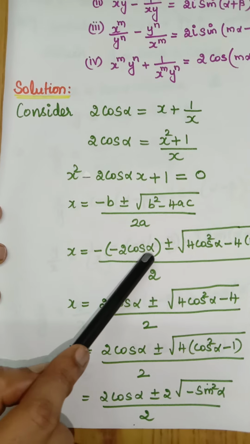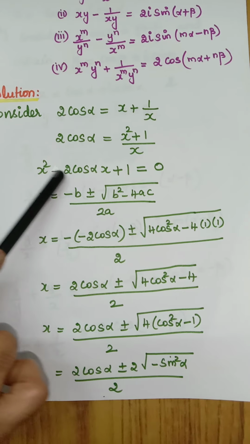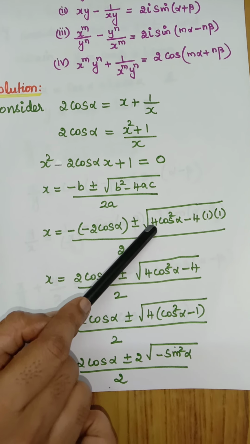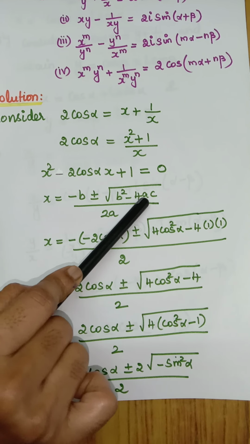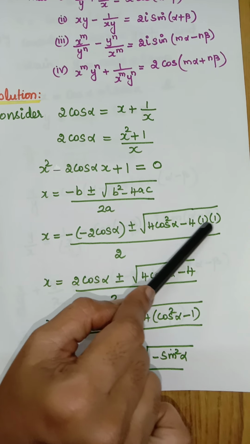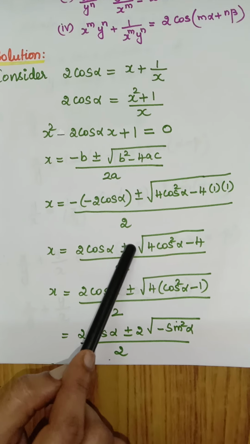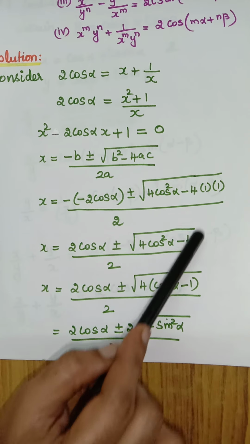So minus of minus 2 cos alpha plus or minus square root of b squared, minus 2 cos alpha the whole square. So what will come? 4 cos squared alpha minus 4 into 1 into 1, divided by 2. So minus into minus, plus 2 cos alpha plus or minus square root of 4 cos squared alpha minus 4.